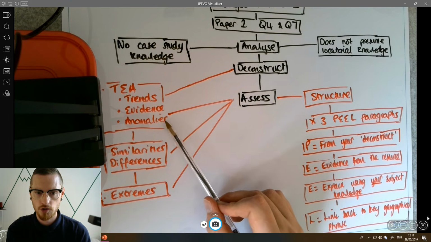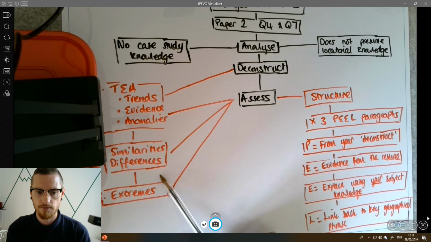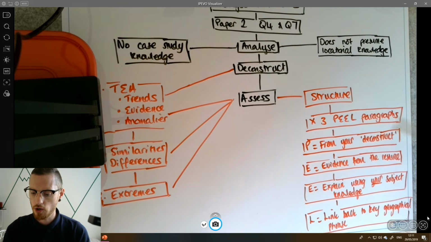So from looking carefully at trends, evidence, anomalies, similarities, differences, and extremes, you're going to start a point from that deconstruct. You're going to use evidence from the resource. This is evident by, quote it. You're going to use your subject knowledge to explain said evidence, and then you're going to link back to the key geographical phrase.